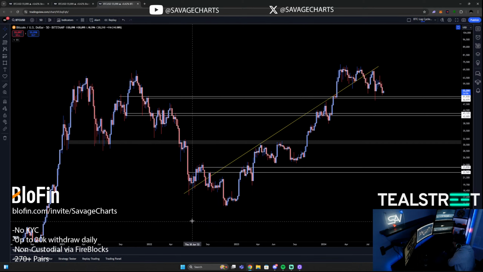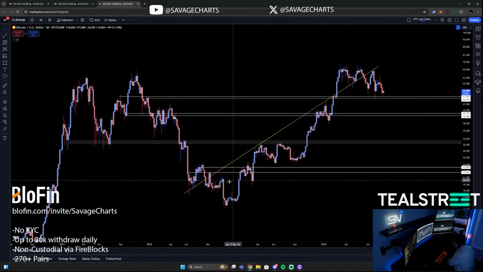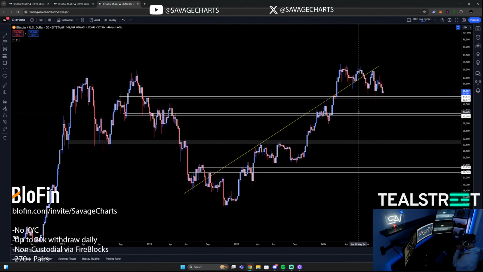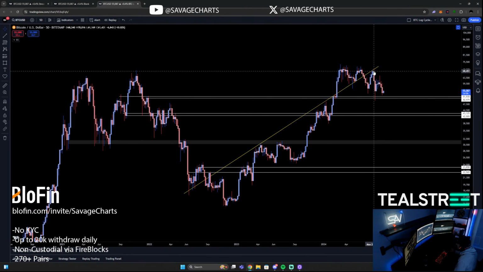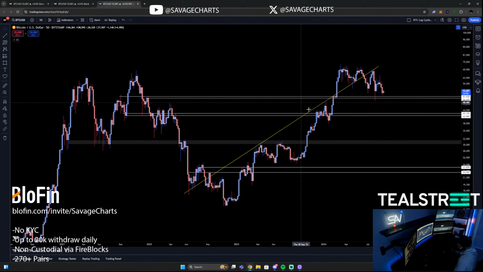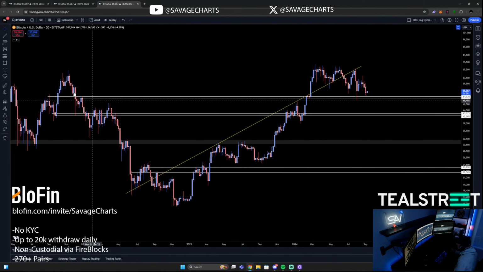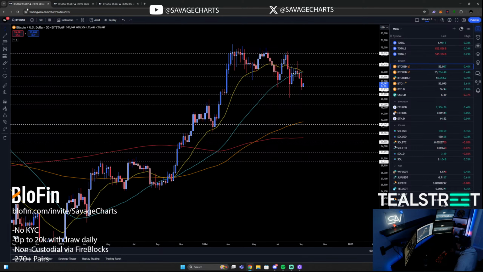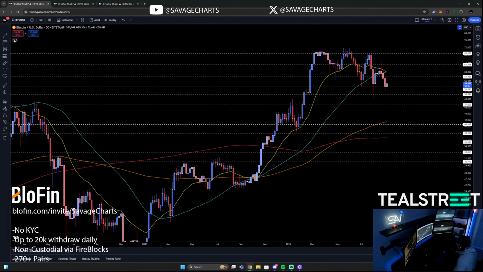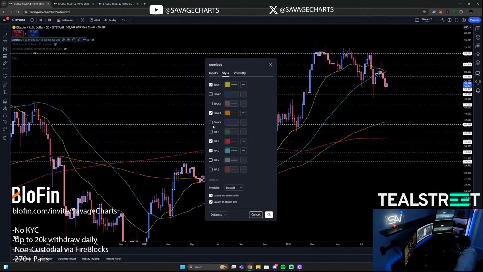So first off, let's talk about under a symmetrical meme line, whatever you want to call it. Retested it, came back down, had some pretty ugly 5-day closes here. Even more so if you go over to the 5-day, and I got rid of the 200s real quick. 200 EMA is the orange and the 200 MA is the red.